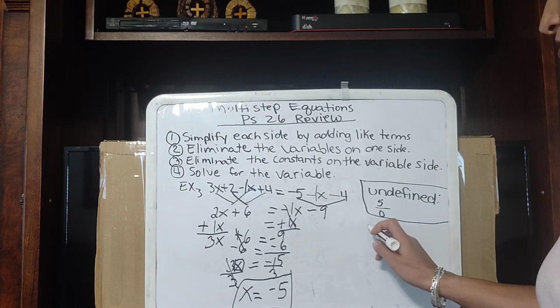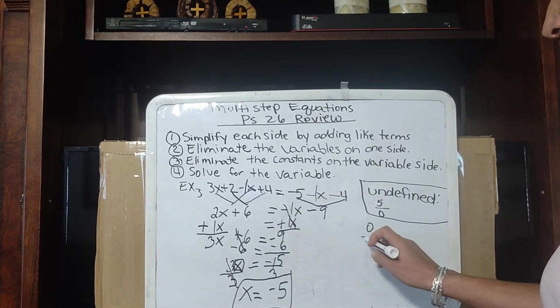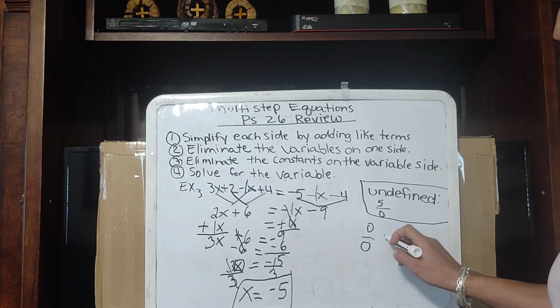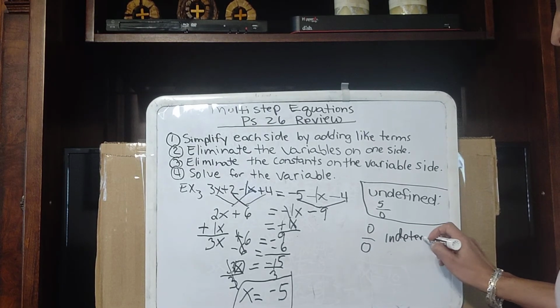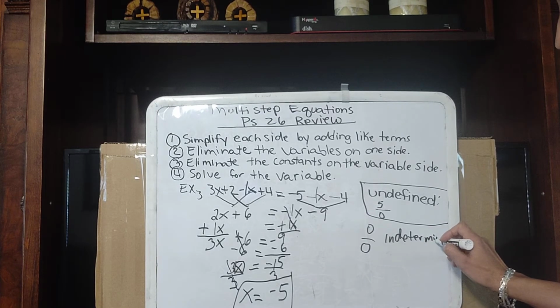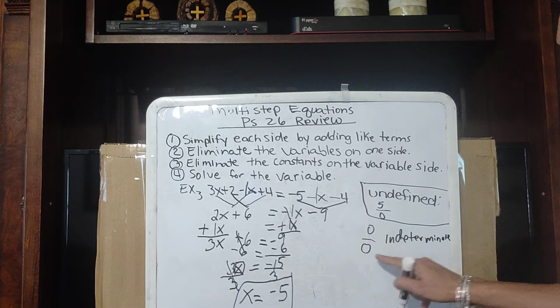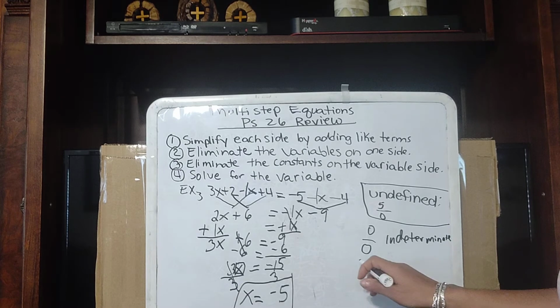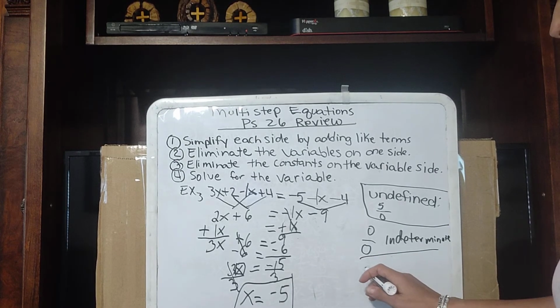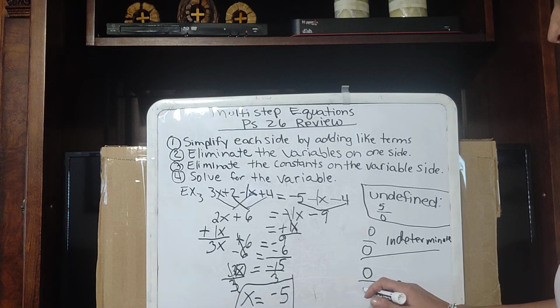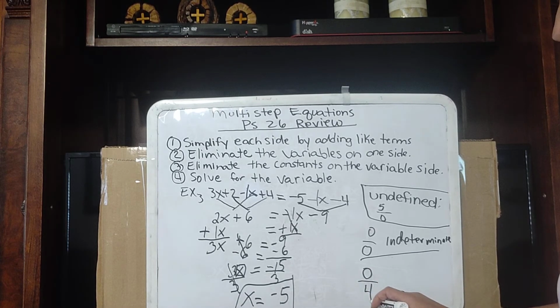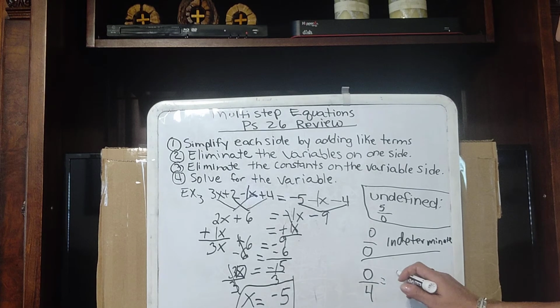If you come up with a solution where you have 0 over 0, we call that indeterminate. Okay, indeterminate. Because you cannot have a 0 in the denominator. If you have a solution that you come up with 0 in the numerator and anything else in the denominator, such as 0 over 4, this reduces to 0.